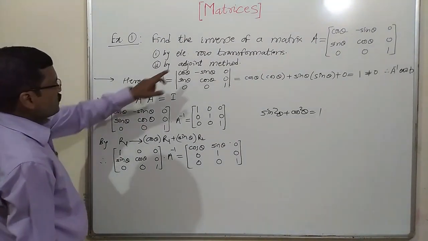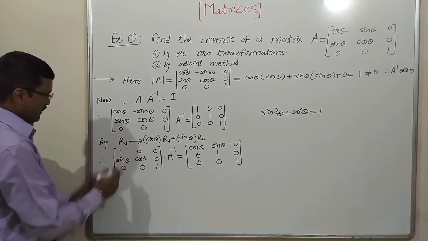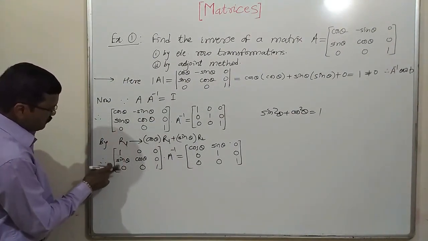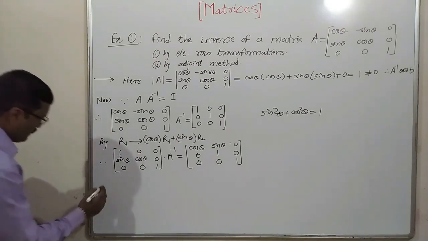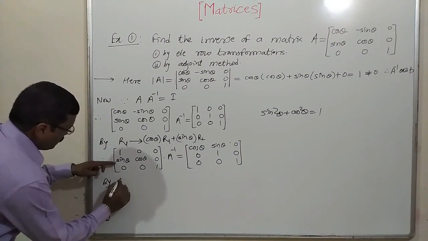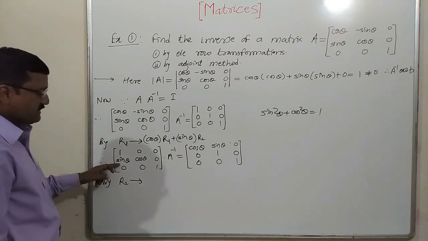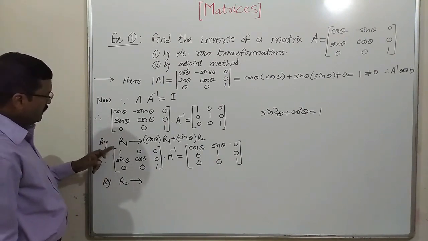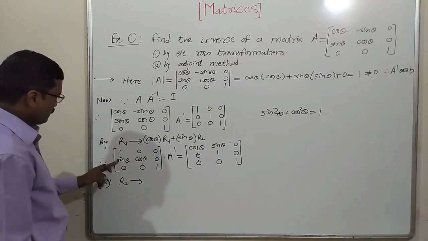We are using row transformations, so we will first concentrate on the first column, that is 1, 0, 0. Now we need 0 here. Here is sin theta. So how can we make 0 here? For that, we change r2. Here is already sin theta. Here is 1. If you multiply this 1 by sin theta, we get sin theta and we can subtract it from second row.